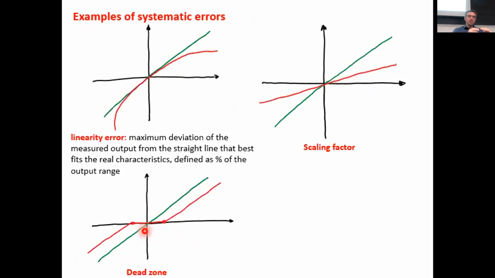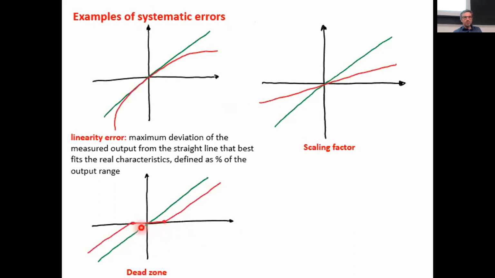Then it needs to move a while and then opens one of the two channels. Gradually it will start to open. But there is a middle range in which there is no output. So whenever there is zero output for a certain input, you have a dead band or dead zone.